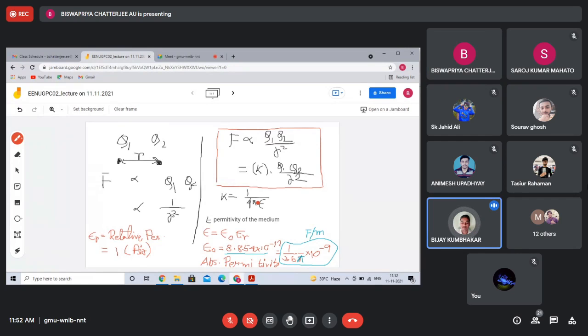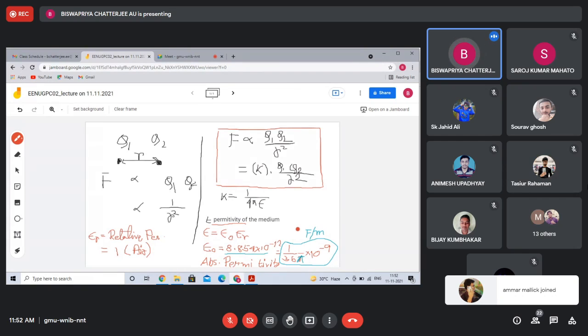স্যার রিলেটিভ পারমিবিলিটিটা আরেকবার স্যার বুঝিয়ে দিন। It's not permeability, it is permittivity. There are two similar terms. One term is permittivity, another term is permeability. Permittivity is the characteristic of the dielectric medium, and permeability is the characteristic of magnetic material.